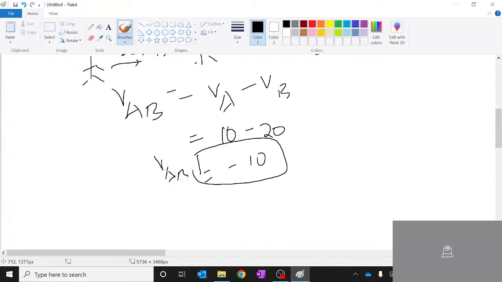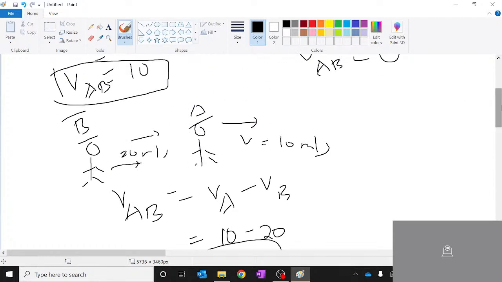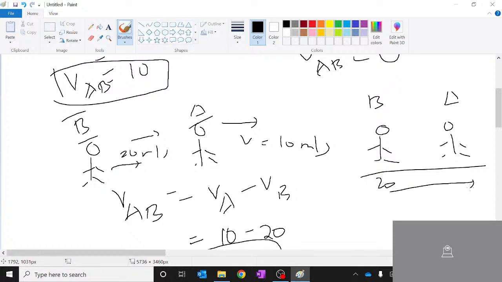What does this minus 10 indicate? The moment I am sitting in B, that means the moment I am seeing A, let's assume we both are traveling in a straight line. If the relative velocity is minus 10, that means I am traveling faster, and it will seem as if A is traveling back, because when I say minus 10, the direction is this side.